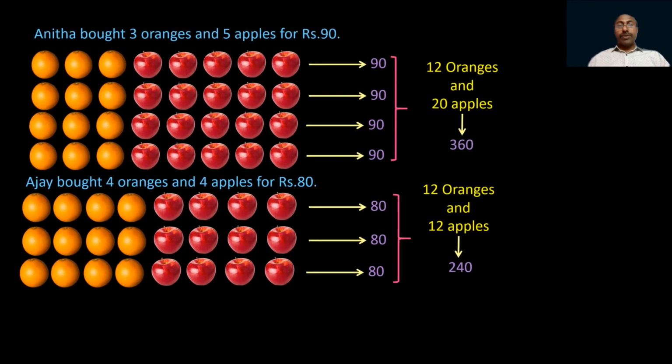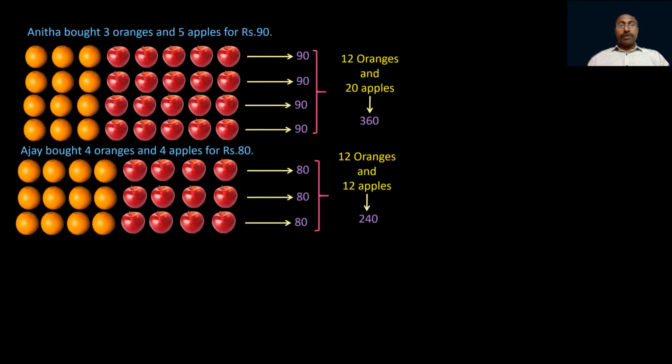So what is the difference between these two situations? In the first situation we have 12 oranges and 20 apples, and in the second situation we have 12 oranges and 12 apples. That is, the number of oranges is equal, but the number of apples is different. What is the difference of apples here? 20 minus 12, 8 apples.